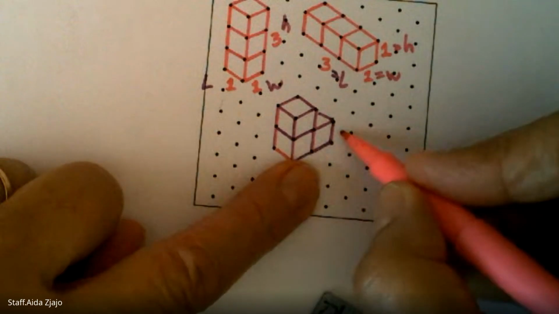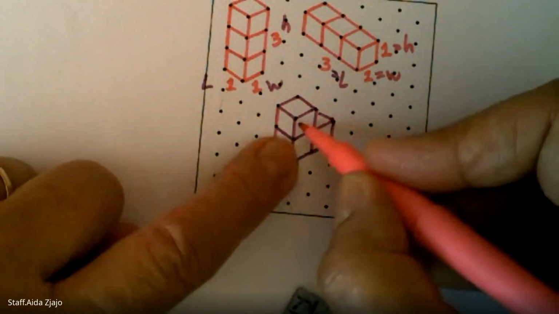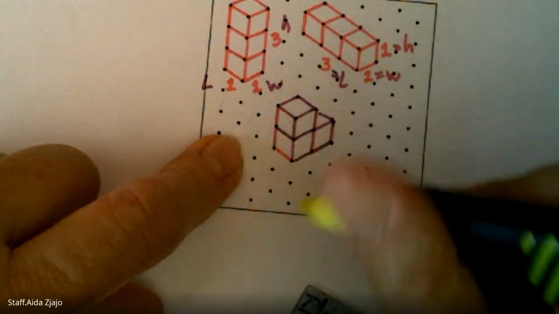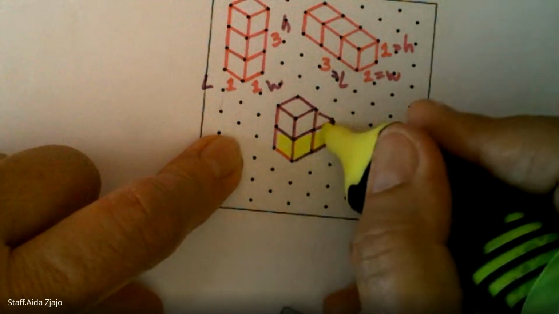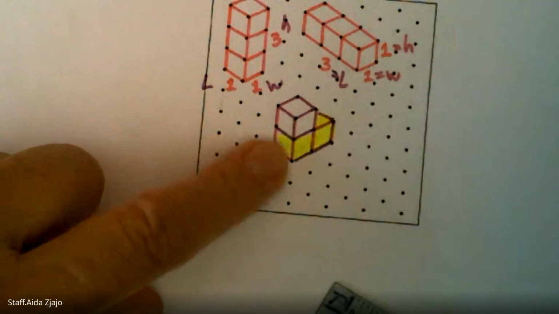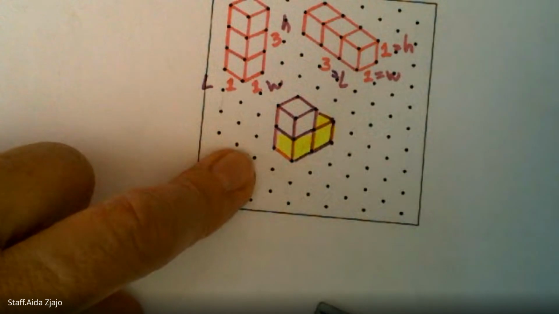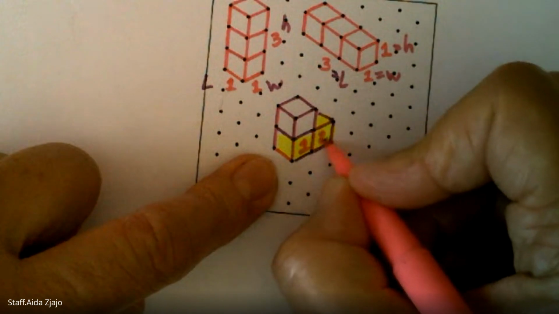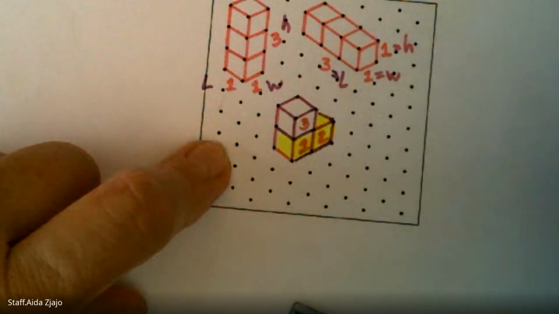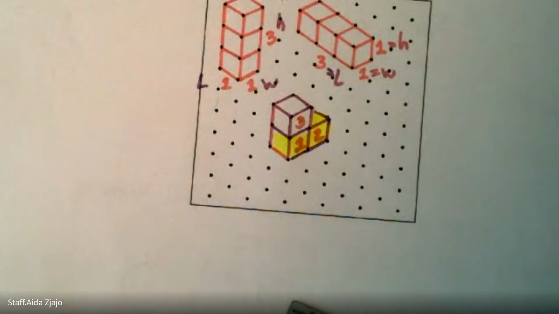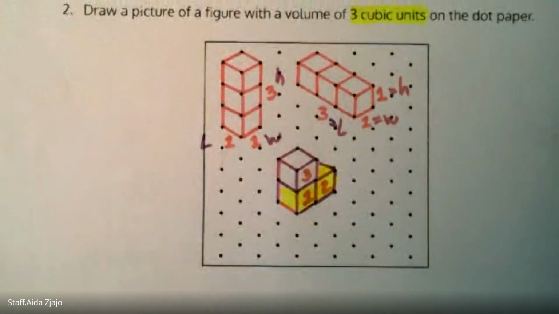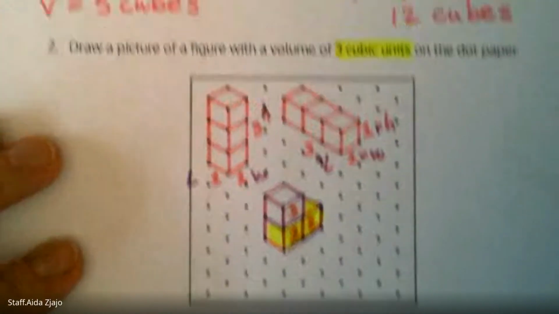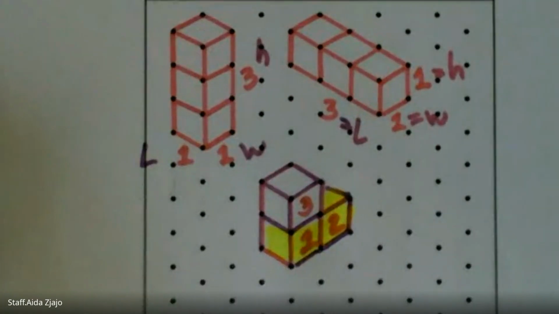So if this layer is 2 cubes, and then the next layer is only 1 cube, all together it is 1, 2, 3 cubes. So that is another way to see this problem. So this was number 2.